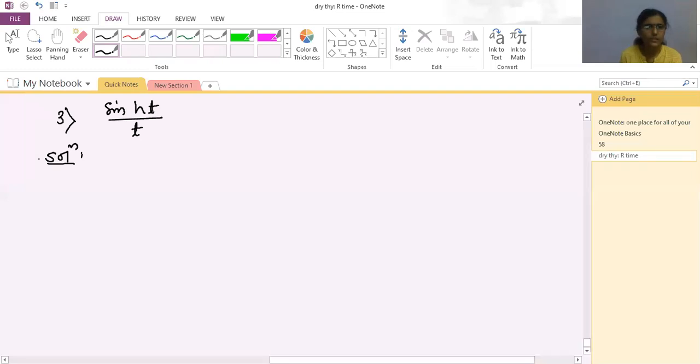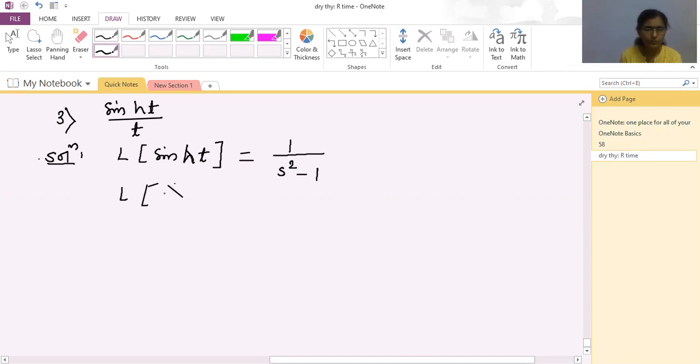The next is sin ht upon t. Now the original function here is sin ht, a standard function. We have its Laplace. So this is sin 1 ht, so its Laplace is 1 upon s square minus 1 square, that is 1. And then it is divided by t.